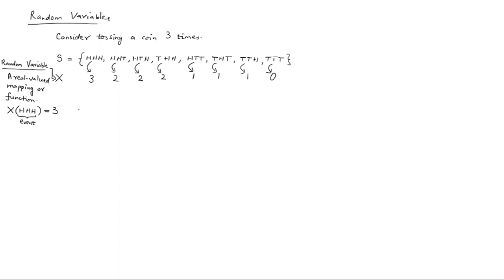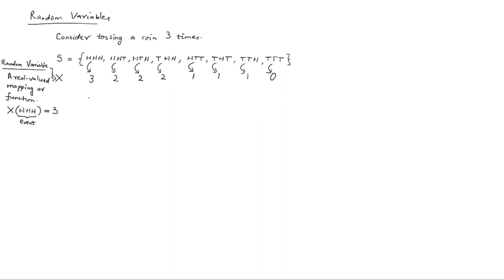Why should we be interested in random variables? If I tell you that for every head you get 100 rupees, how many rupees will you win if the first outcome occurs?